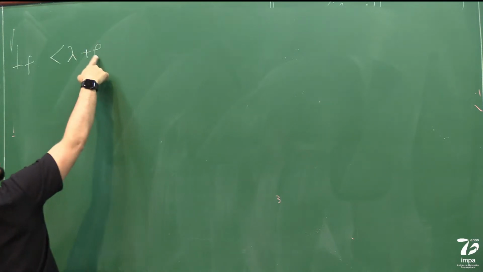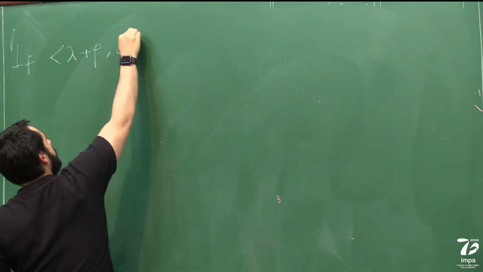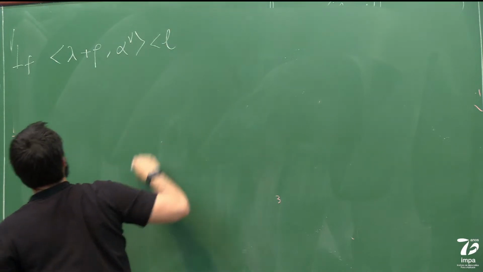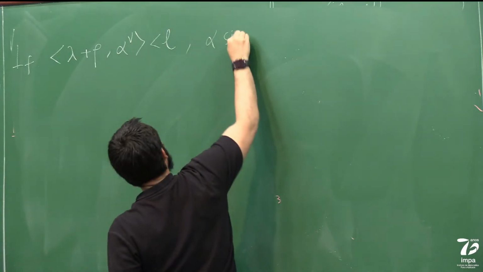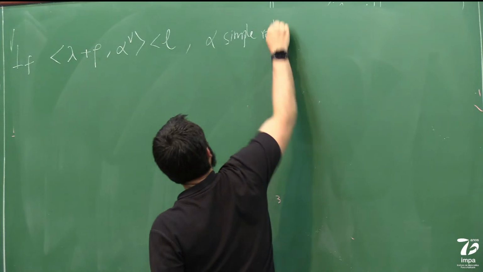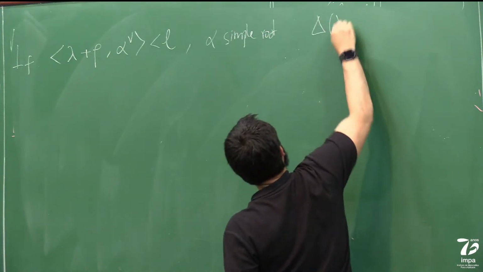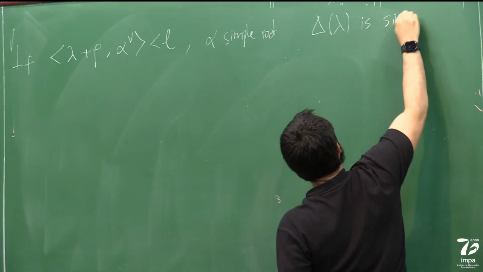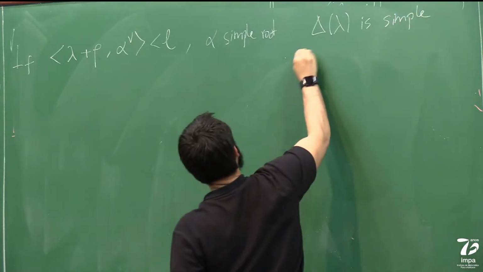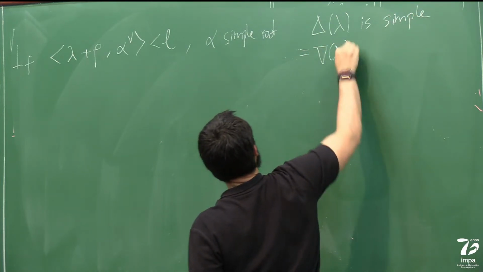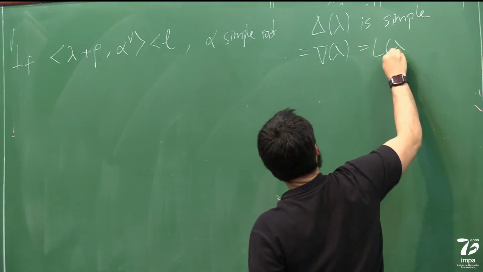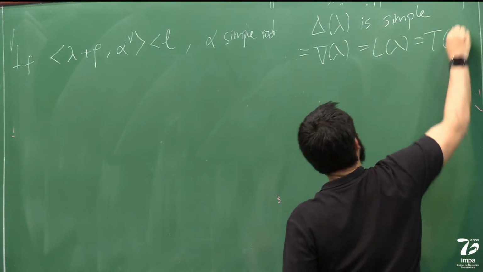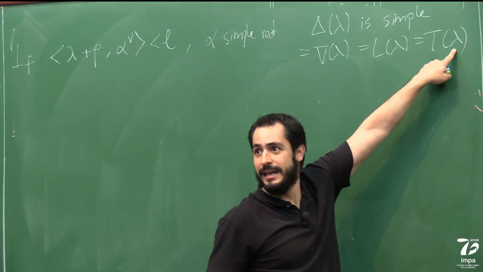This rho is just the half sum of the positive roots. If lambda plus rho is less than l, where l is a simple root, this guy is simple. It's a simple module. Moreover, this guy is its own dual. This is L lambda, and in this case, it coincides with a tilting module, which I denote T lambda.